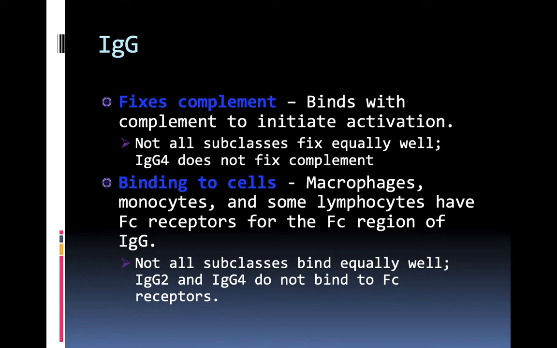Not all subclasses will have equal capacities to activate the complement cascade. In fact, one of the subclasses, IgG4, does not fix complement.